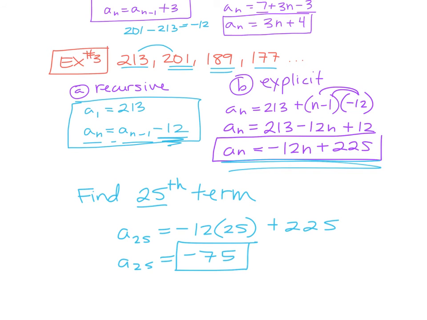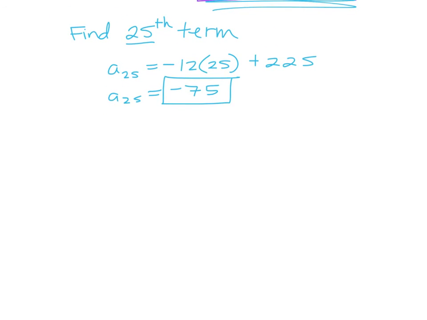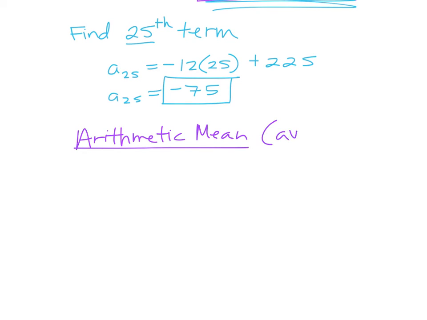Okay, last thing. Last thing we're going to talk about is called an arithmetic mean. What's a mean? It's an average, okay? Essentially, we are finding an average, a mean.